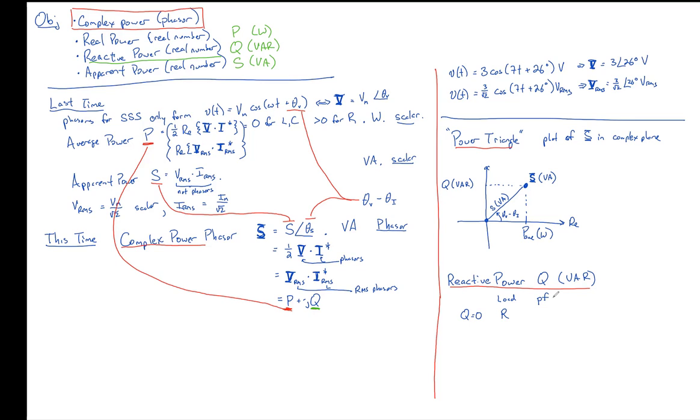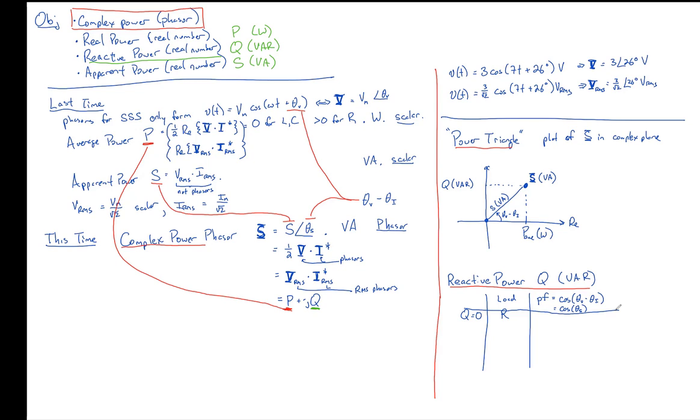Remember, the power factor is just the cosine of theta V minus theta I, which we can simplify to cosine of theta S. Another way of asking it is, what's the difference in the angle between the voltage and the current through and across a resistive load? Is there any difference in the angle of the voltage and the current across a resistive load?